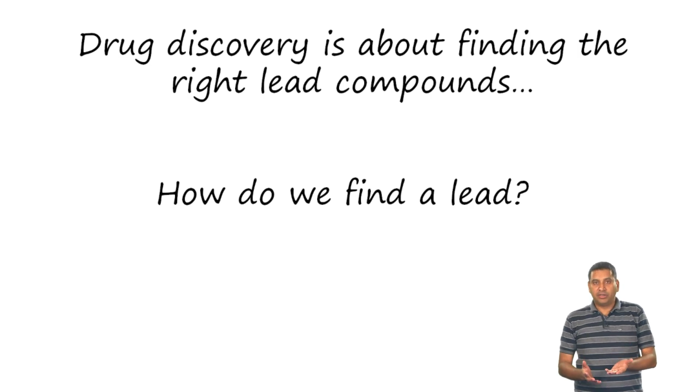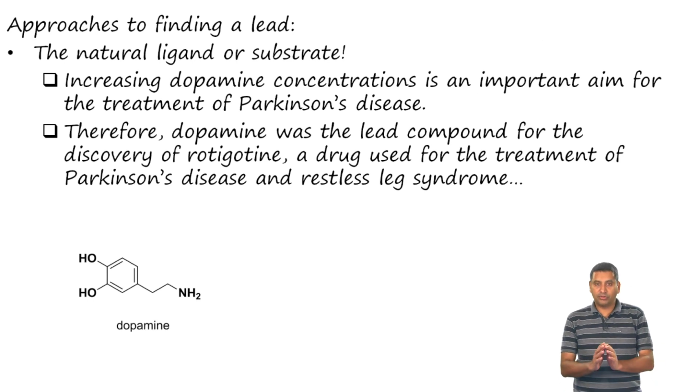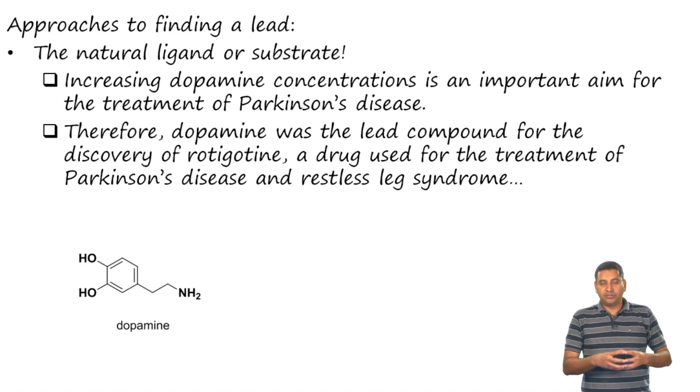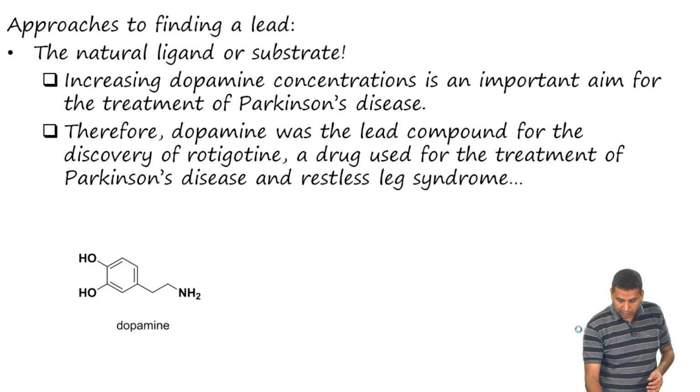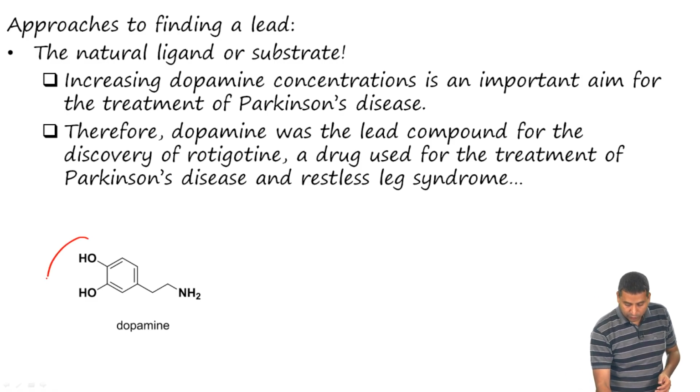So, as I mentioned earlier, drug discovery is about finding the right lead compounds. So, the question is, how do we find a lead? One of the approaches to finding a lead is to use the natural ligand or substrate for the target. For example, to treat Parkinson's disease, it has been proposed that one could increase dopamine concentration. Now, in order to mimic the effect of dopamine, we would need to use the structure of dopamine as the lead, and here is the structure of dopamine.